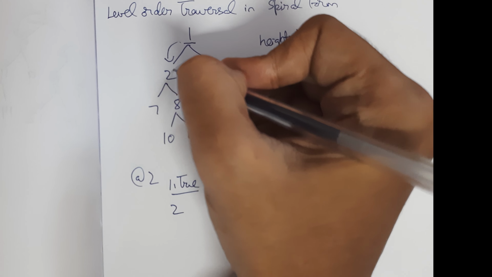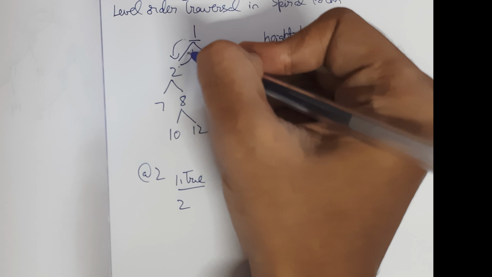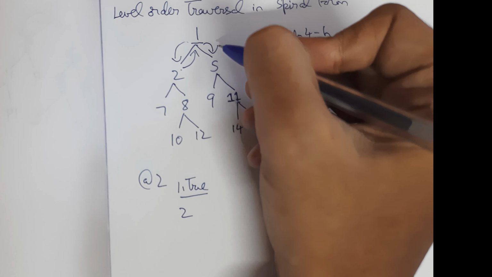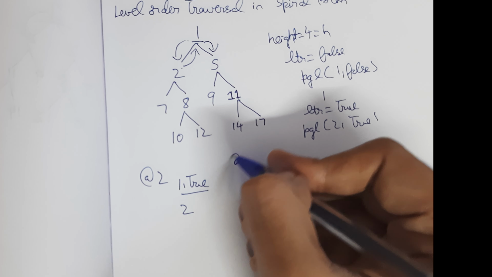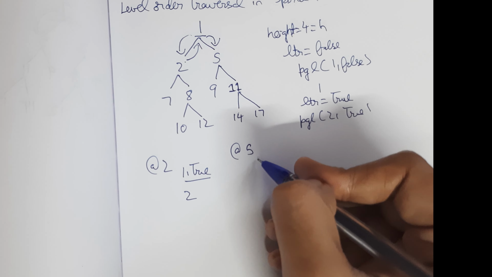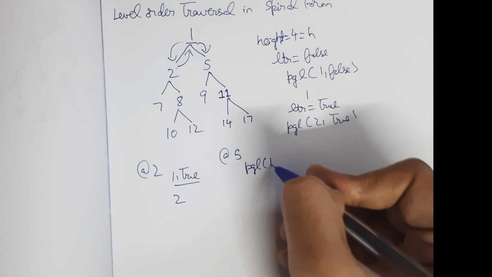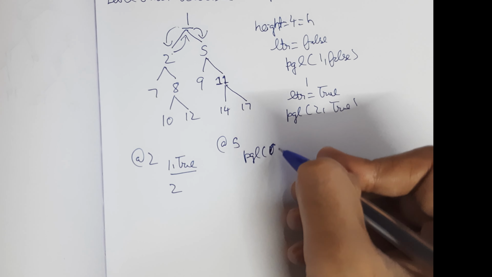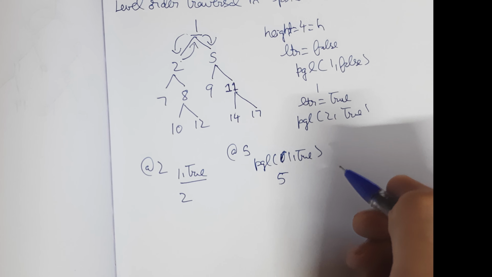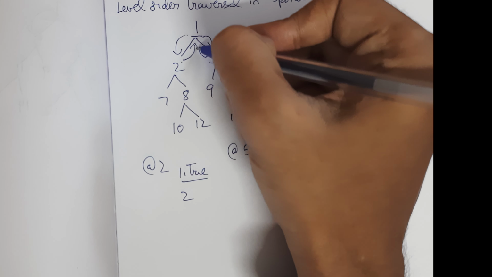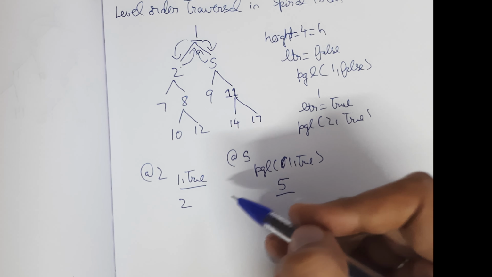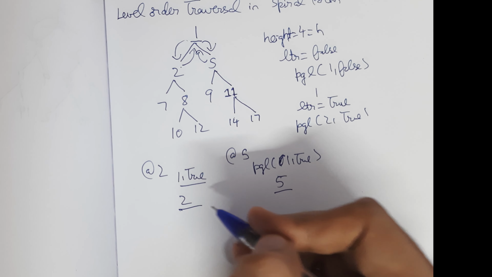Similarly, the function returns, and we again go back to the right subtree of node 1, and at 5 we have the values as PGL of 1 comma true, and now the value that's going to be printed is 5. So we again go back to the main control. So using this condition, we have 2 and 5 printed in the output.